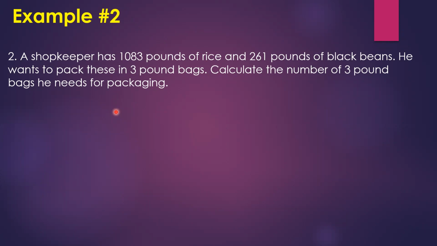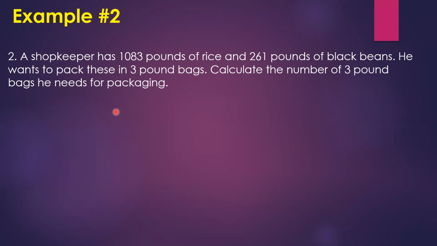Okay, that's another way you could do it. But the problem with that is, if you add them, I don't think you want to mix the rice and the black beans. You know what I'm saying?